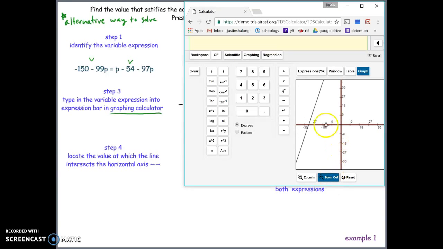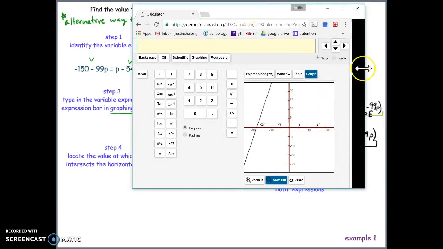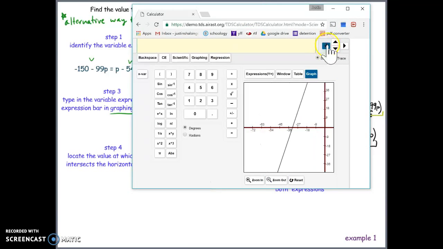I'm zooming out, and now you can see as I zoom out, here is our line that was just graphed. And what we have to do is identify what this value is right here. We can't say definitively what it is, but when we move our graphing calculator feature over, and I'll extend this with this feature over here, then we can begin to zoom in, and the units become more specific.